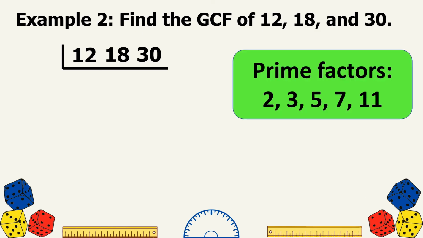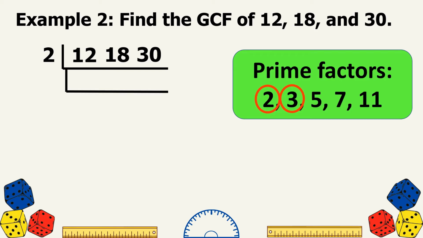So let's see from these prime numbers again if any of them can divide all the numbers 12, 18, and 30. 2 and 3 can divide all the numbers, so we can choose either 2 or 3 as our divisor. Let us just choose 2. But don't be confused because we can also use 3. Either of them will still lead us to the correct answer.